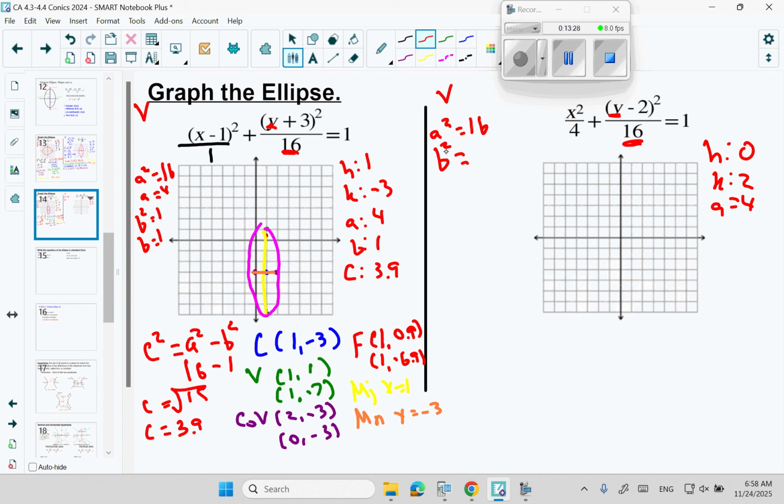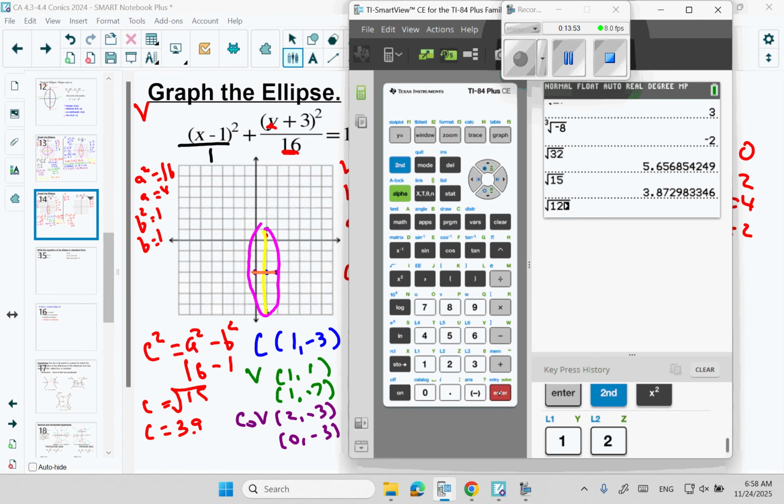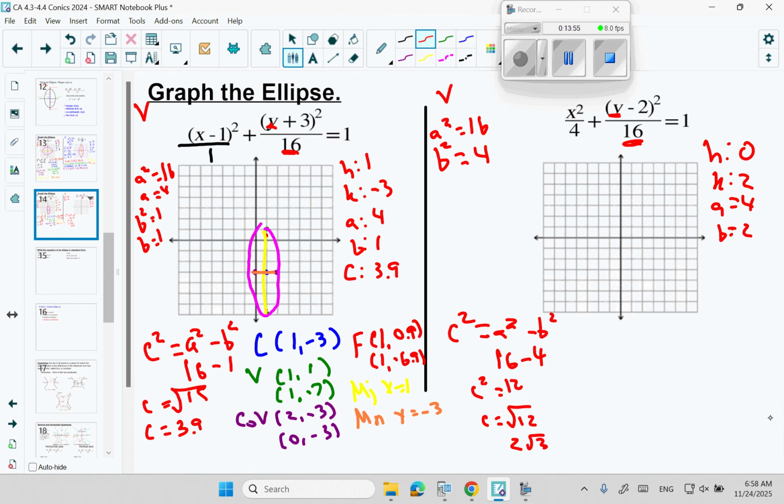B squared has to be 4. So what does b have to be? B has to be 2. And if c squared equals a squared minus b squared, 16 minus 4 is 12. So c is the square root of 12, that's the same thing as 2 root 3 if you like exact radicals, or just for the sake of today, we'll say about 3.5.